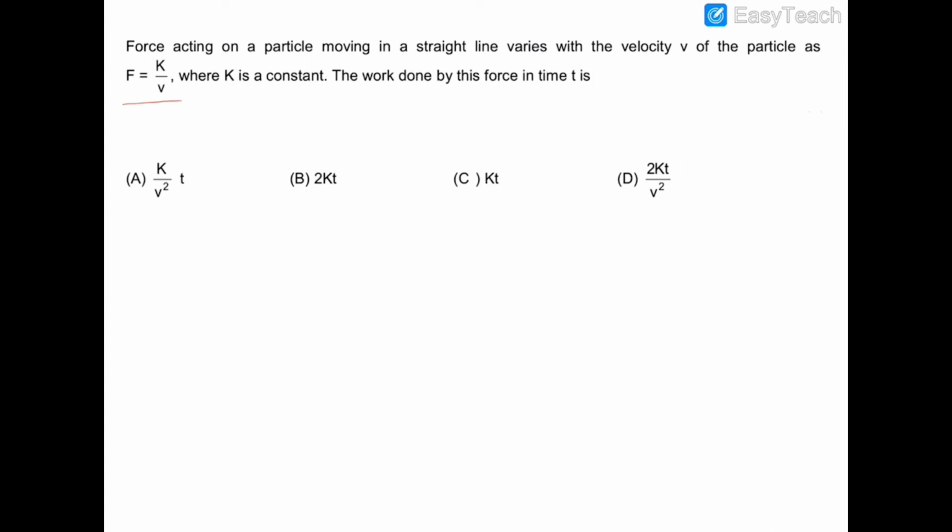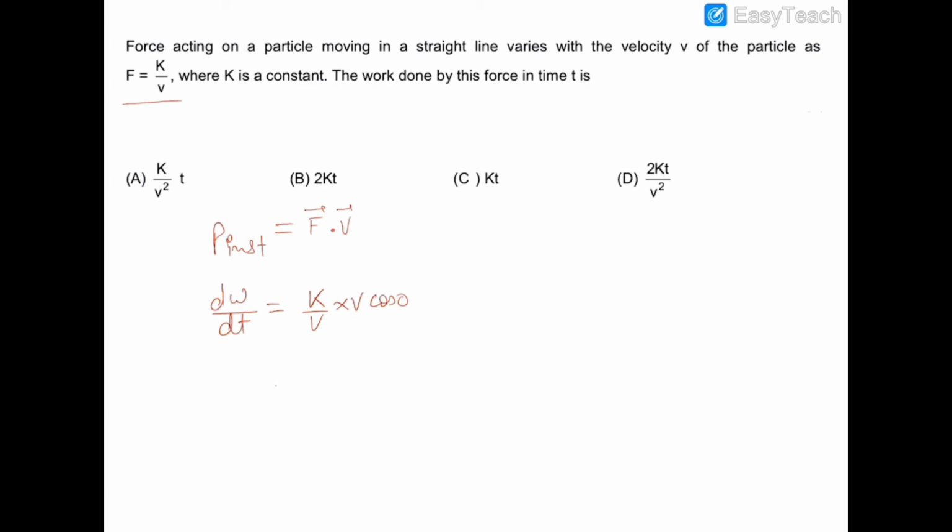So this is a very simple question, as we can see that the instantaneous power delivered by any force is always equal to F dot V. Now instantaneous power is also equal to dW by dt, and this F is equal to K by V, and this is V, and cos 0 is 1.